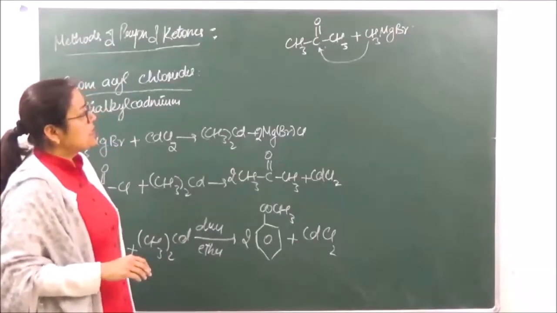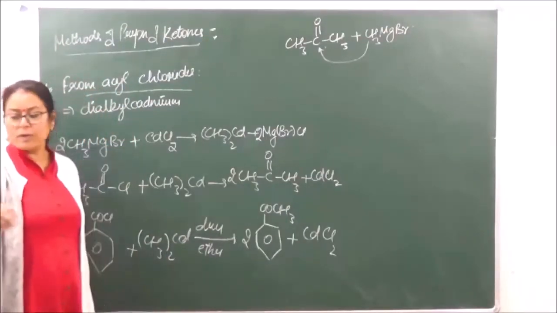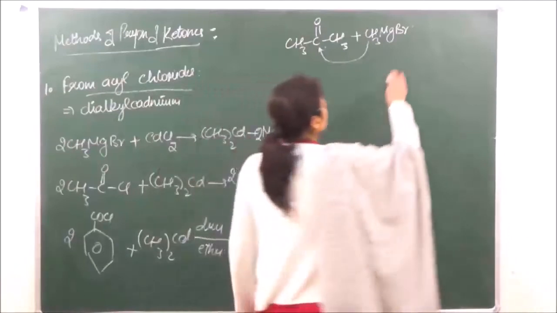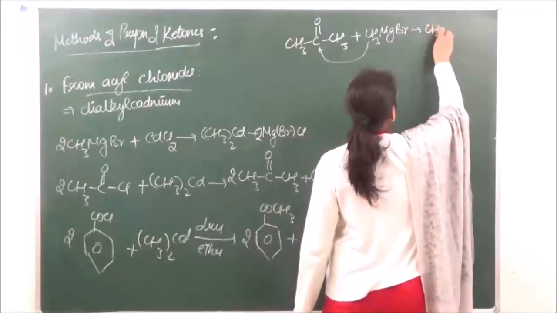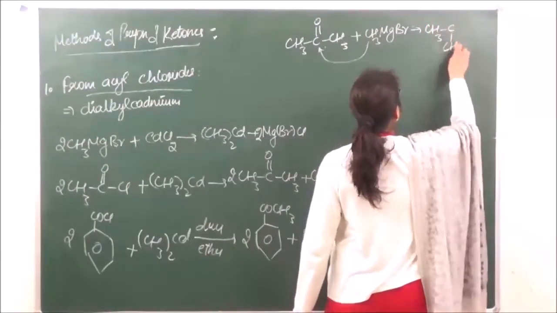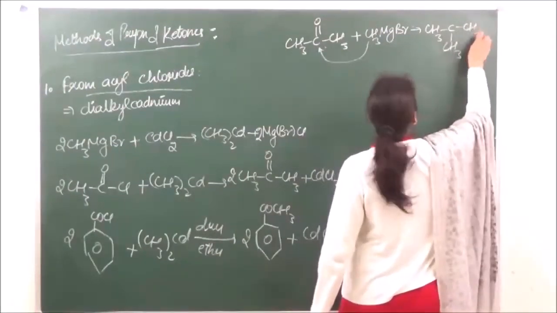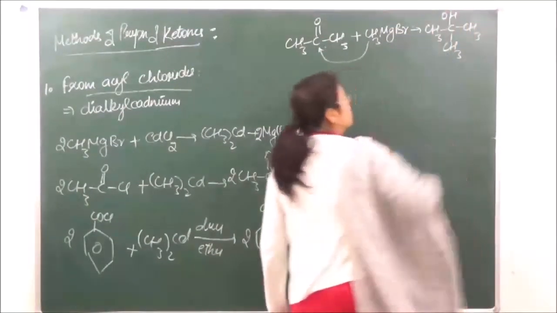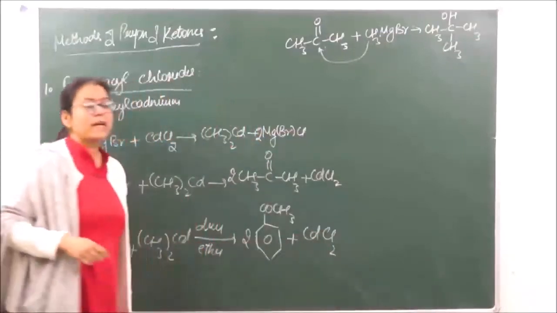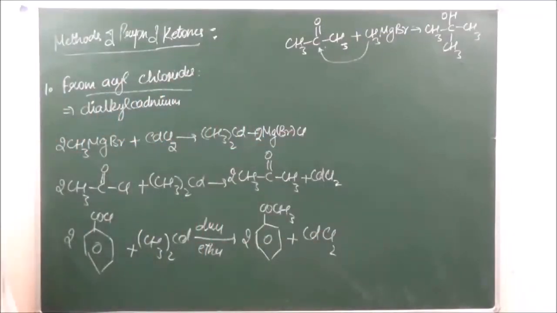So CH3 will attack here and we are going to get over here a tertiary alcohol. So that is the reason why this reaction is not used, why Grignard reagent is not reacted with acyl chlorides to get the respective ketones. Okay, because the ketones have further tendency to react with Grignard reagent and give us the tertiary alcohol.